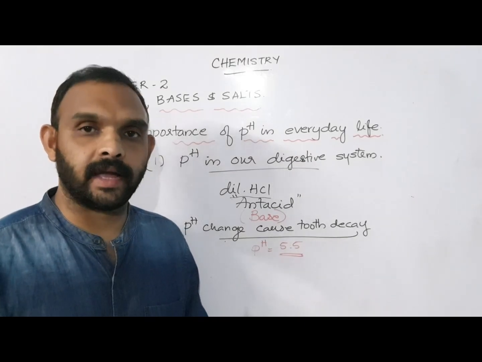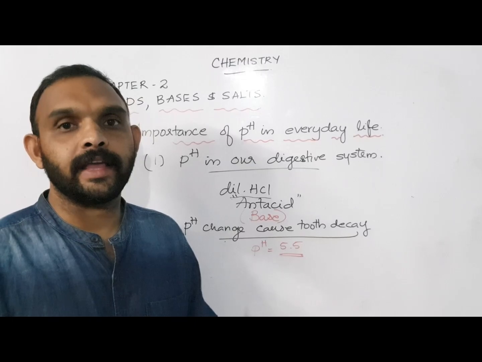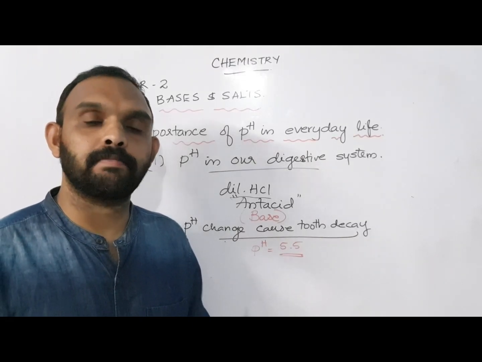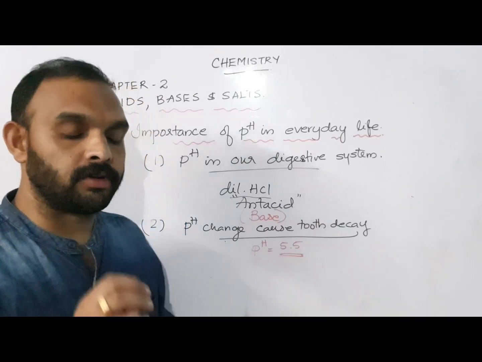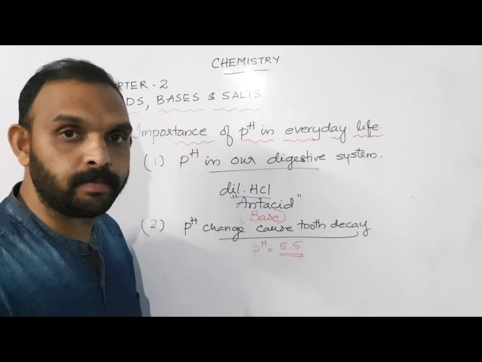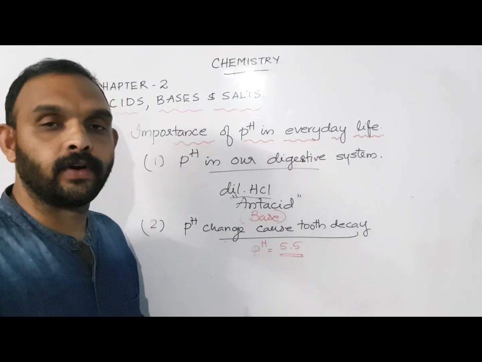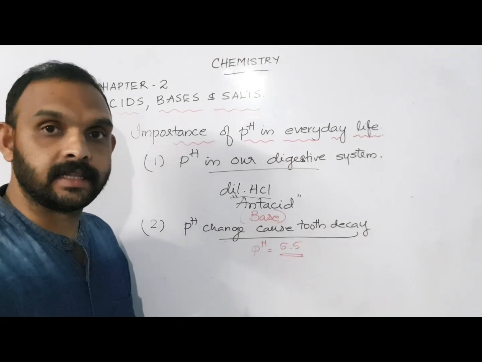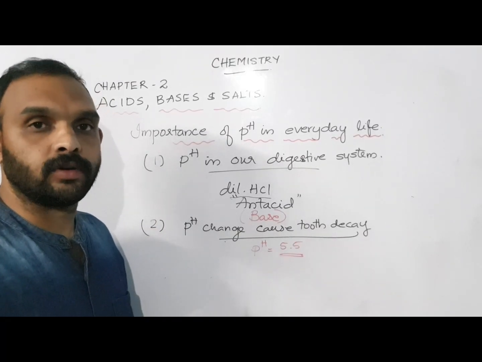There is a theory behind it, because every soil has a pH. If the pH of the soil is more than 7, that means it is too basic, and that is not good for growing plants. And if it is less than 7, that is too acidic, it is also not good.